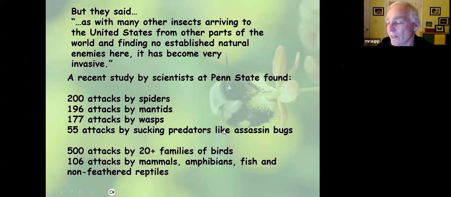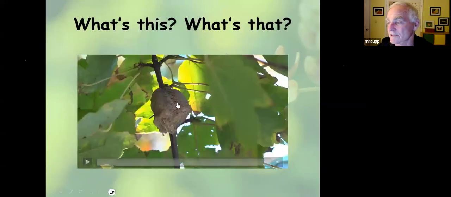So now we know that we've had more than 500 attacks by things like spiders, mantises, wasps, and predatory assassin bugs. 500 attacks by more than 20 families of birds. So remember what I said about these natural enemies being part of Mother Nature's hit squad that basically helps to reduce invasive pest populations. So yes, indeed, there are indigenous natural enemies here that are helping to control spotted lanternflies.